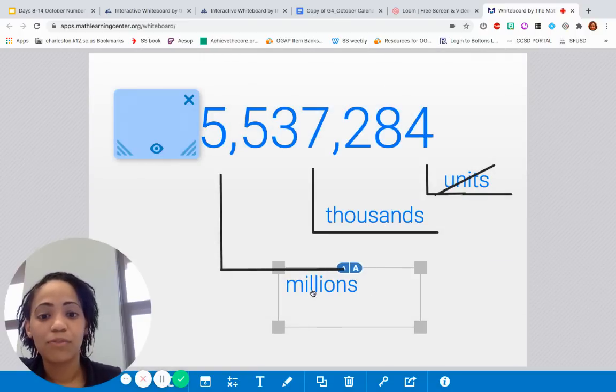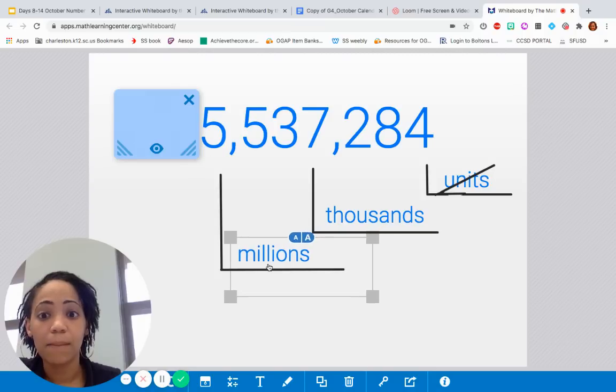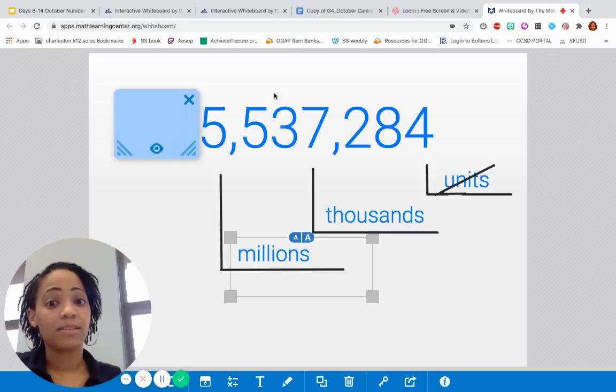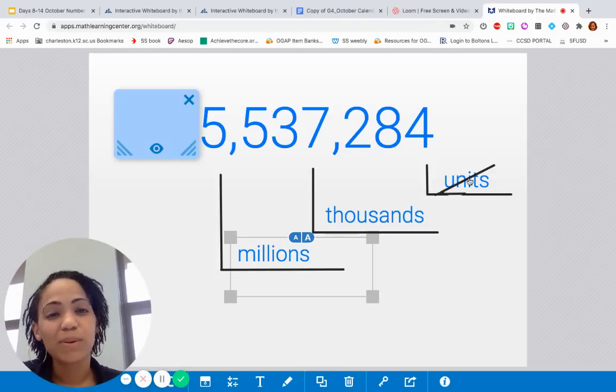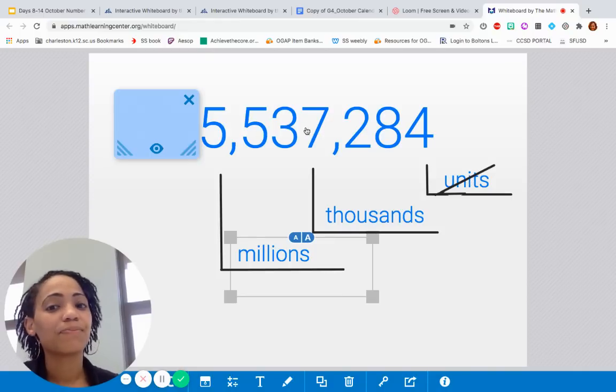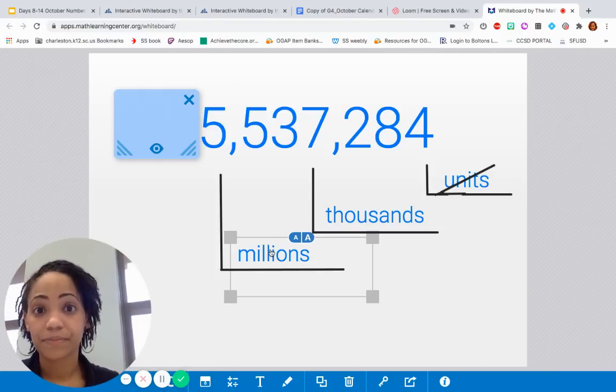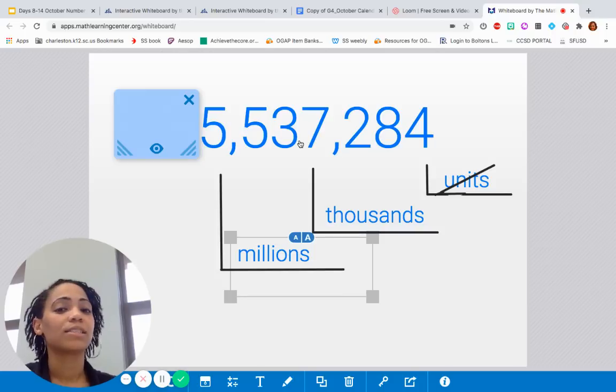And so just like before, if I want to say a number, and I want to use their last name because they're in a family, so these 3 numbers are in the thousands family. These 3 are in the units, but we really don't say that because it's understood. This number is in the millions family, so if I were to say it, I'd have to say 5 million. Got it? So let's try to say this whole number.